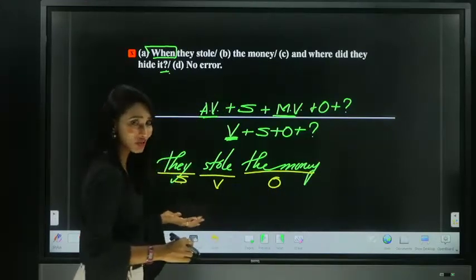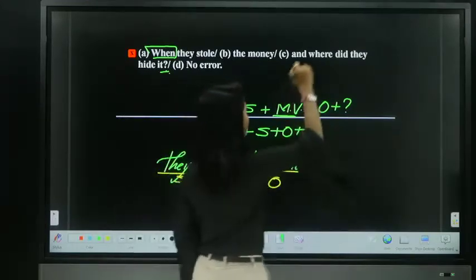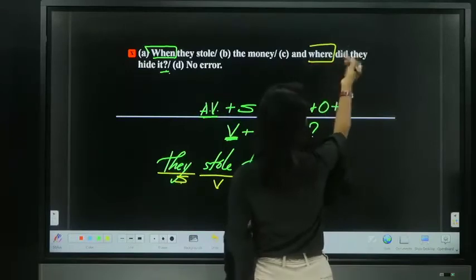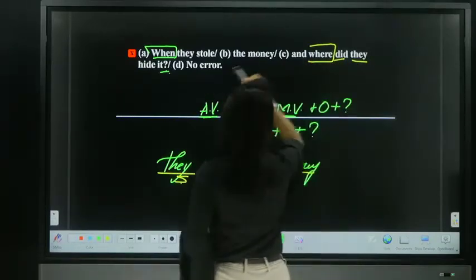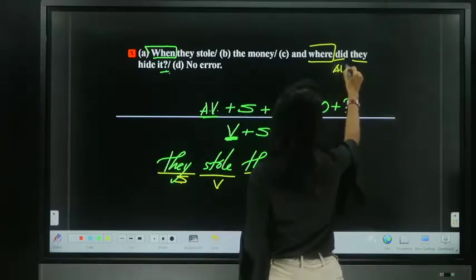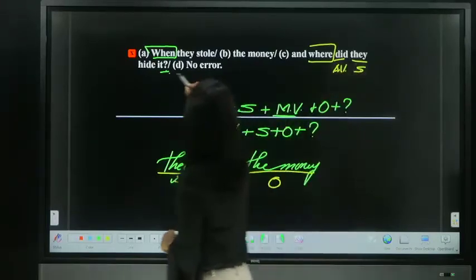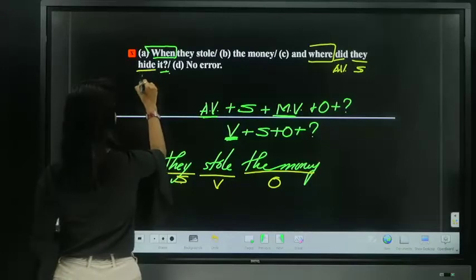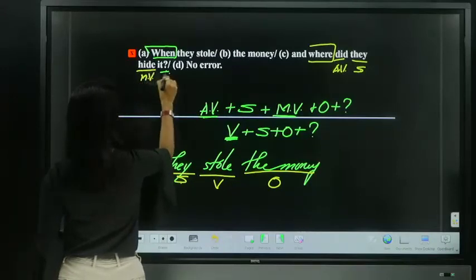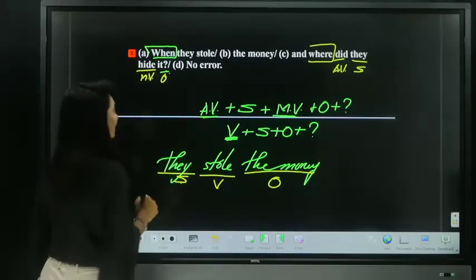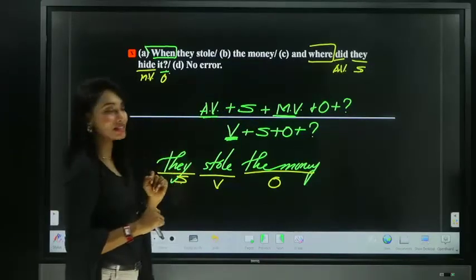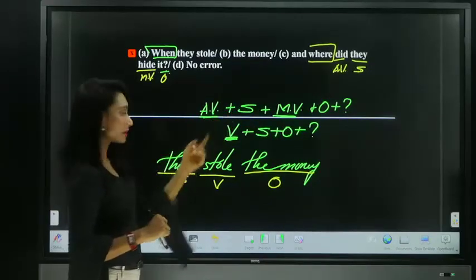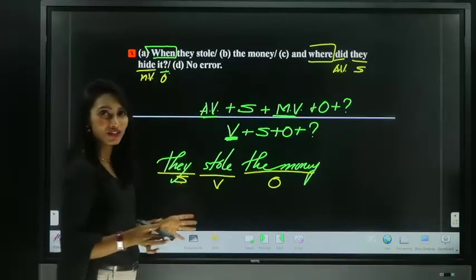No, it's not in a question. And look at the second clause. "Where" indicates a question word. Did they hide it? Did is the auxiliary verb, they is the subject, hide is the main verb, it is the object, right? That means the second clause structure is correct, but the first clause structure is incorrect.